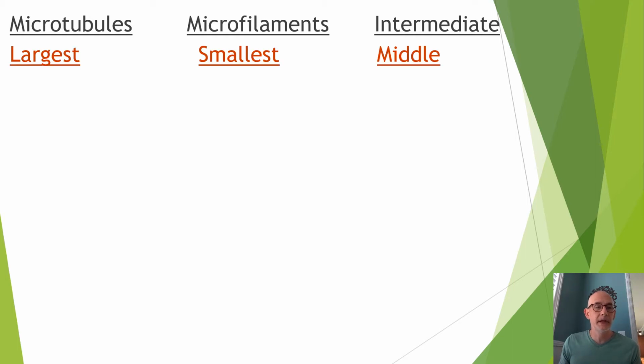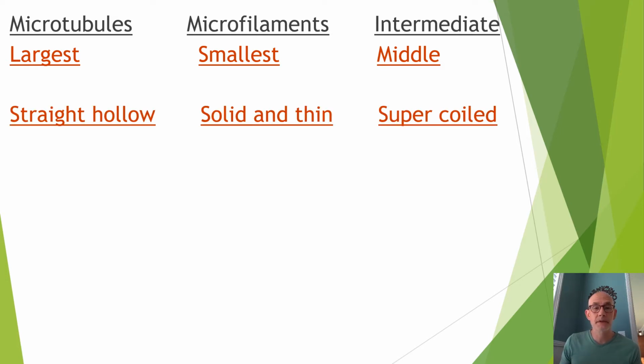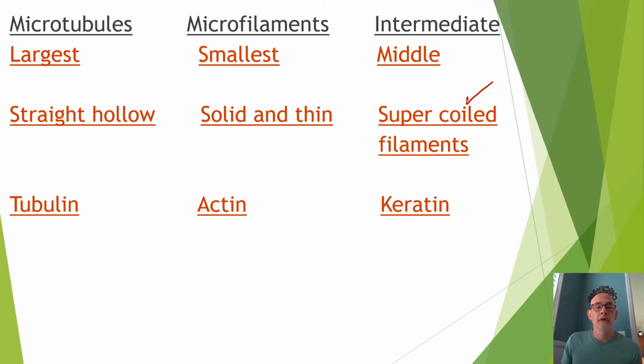These are the 3 components of the cytoskeleton compared. So microtubules are the biggest, microfilaments are the smallest, intermediates are in the middle. These are hollow tubes. These are both solid, but these are really thin, and these are really complexly formed, but they're super tough, and that's important for their function.